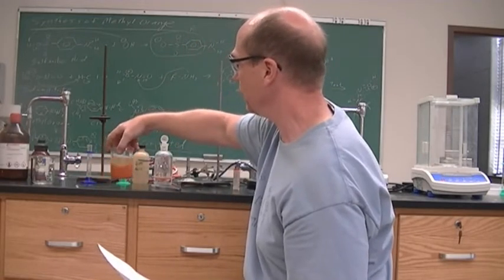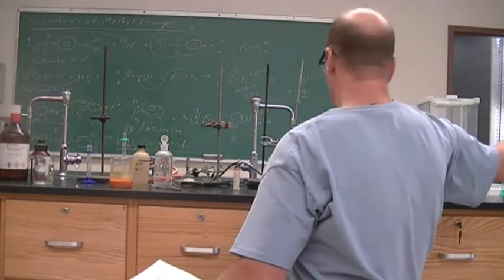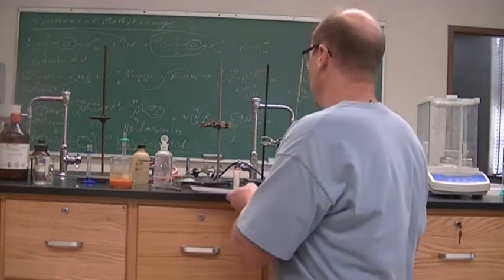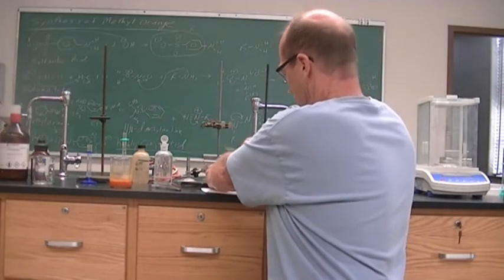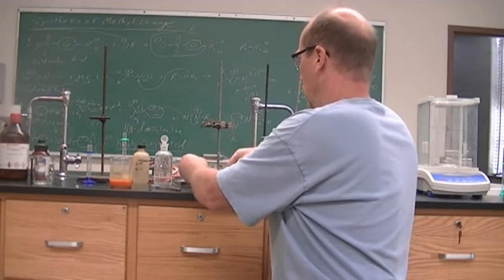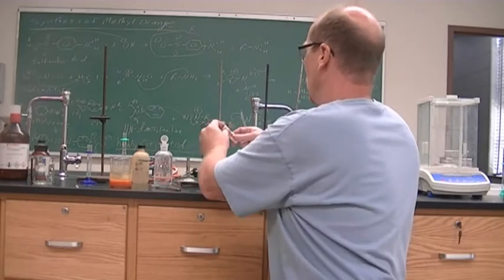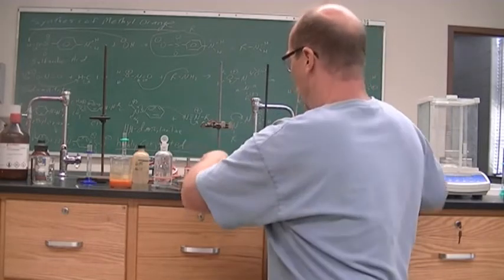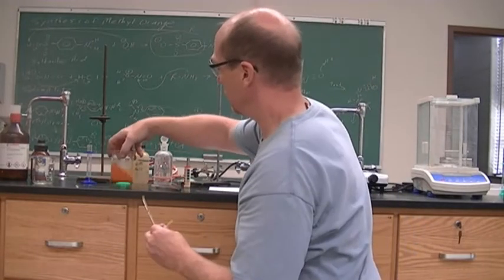To confirm the basicity, we're going to take our stirring rod and our pH paper, and we're going to dab it and make sure it turns at least a green, if not a purple color. We want this to be very basic.